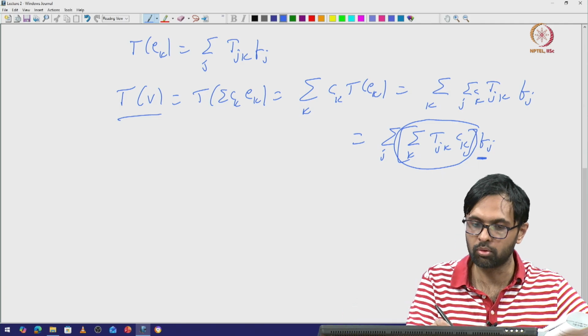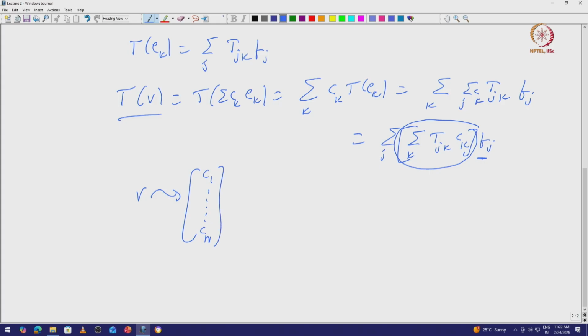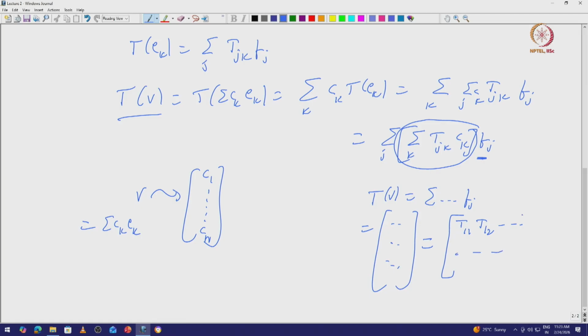In other words, if you take v, which is of course sum of c_k e_k, as a column vector of scalars, and if you write T of v as some linear combination of the f_j's, and you consider those coefficients also as column vectors, yeah. So this column vector is precisely this matrix times this column vector.